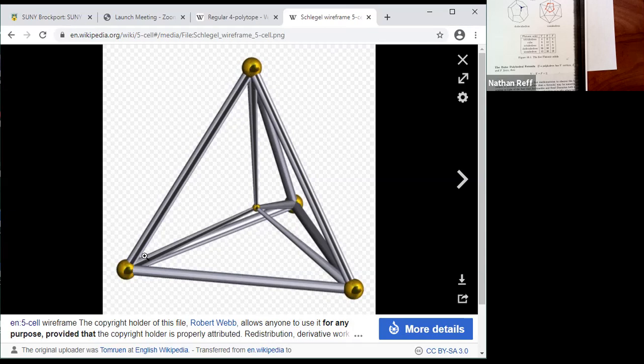There's this one tetrahedron that's closest to you in the foreground. There's a tetrahedron over here on the left, and a tetrahedron on the right, depending on where you're standing. And then there's another one in the back side here.